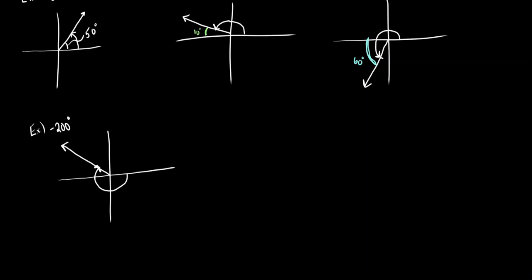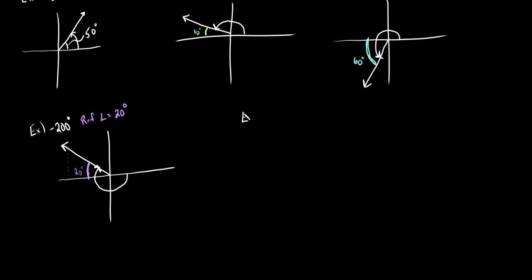What I want to know, once again, is the angle formed here. I went negative 180, and then another negative 20 degrees, so this angle is 20 degrees. Our original angle is negative, but the reference angle is never negative. It would be a positive 20 degrees, because the angle formed from this terminal side and the x-axis is 20 degrees.